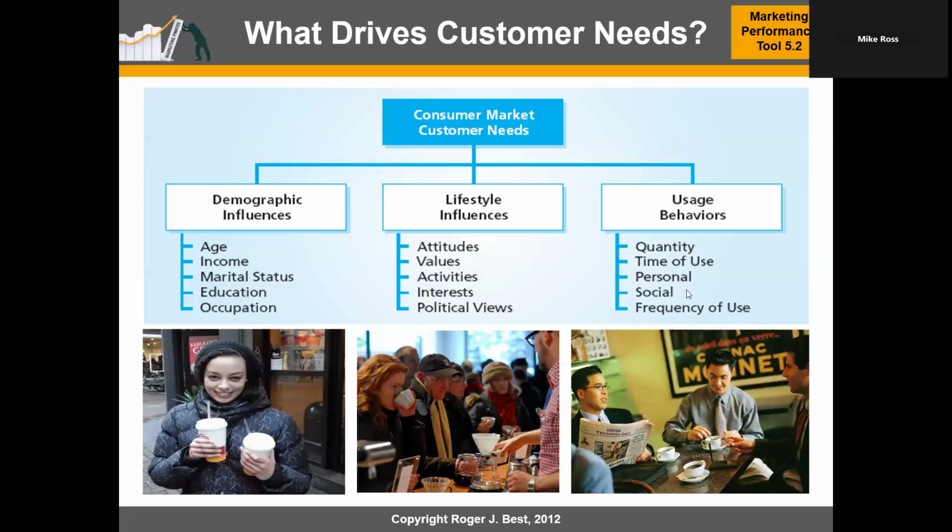That might be a personal choice. Frequency of use. Maybe I purchase it frequently, but not in a great quantity. So I might say, for example, chewing gum. I may not buy a lot at any one point in time, but as I'm checking out at the grocery store, maybe one out of every three times, I will pick up a pack of chewing gum.